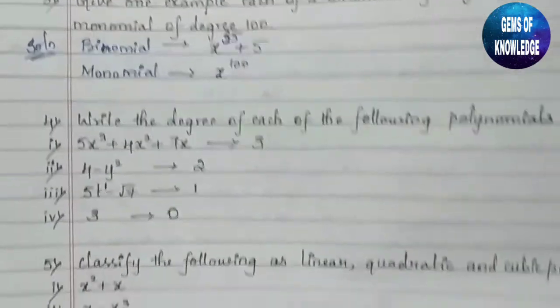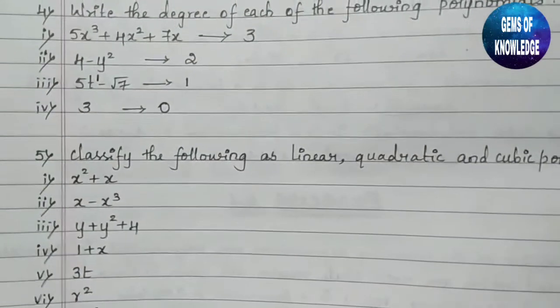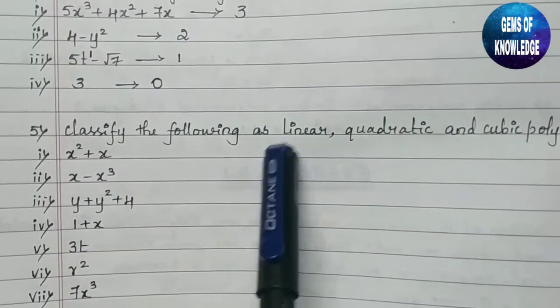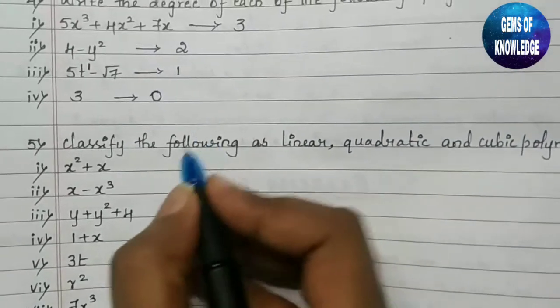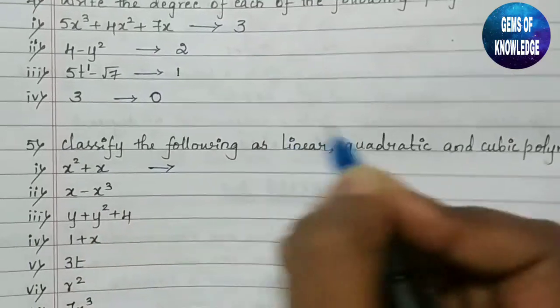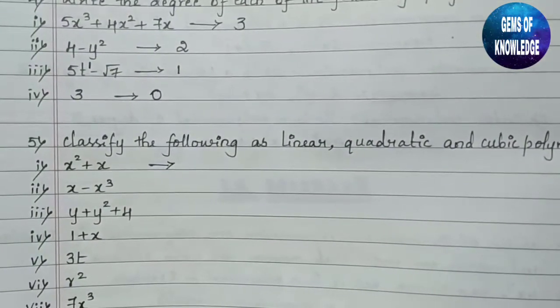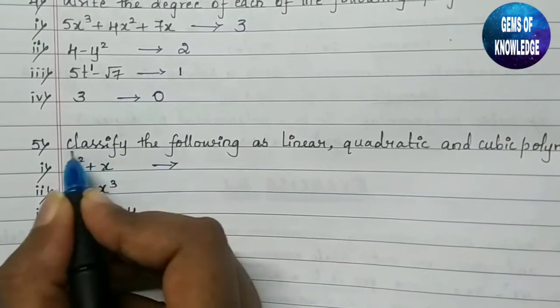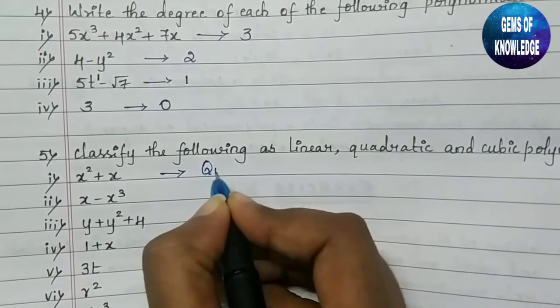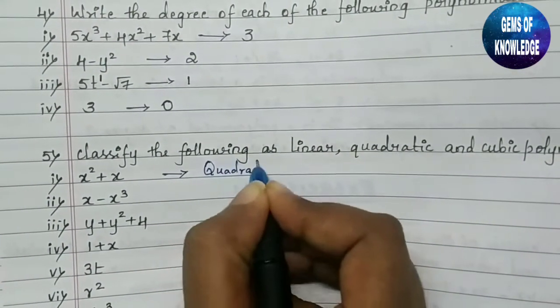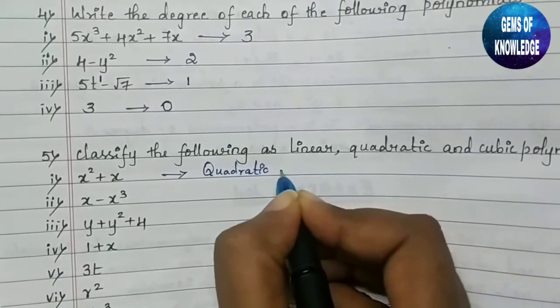Okay. The last question of this exercise is classify the following as linear, quadratic and cubic polynomial. So we need to classify these among the three types of polynomials. As you can see, it has the degree 2. This is nothing but a quadratic polynomial.